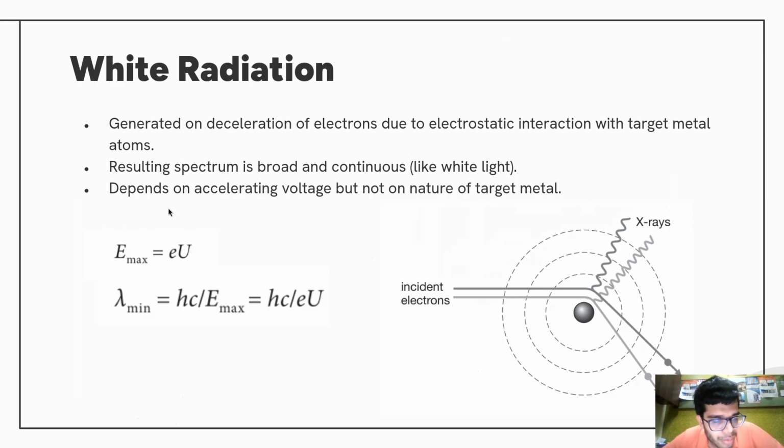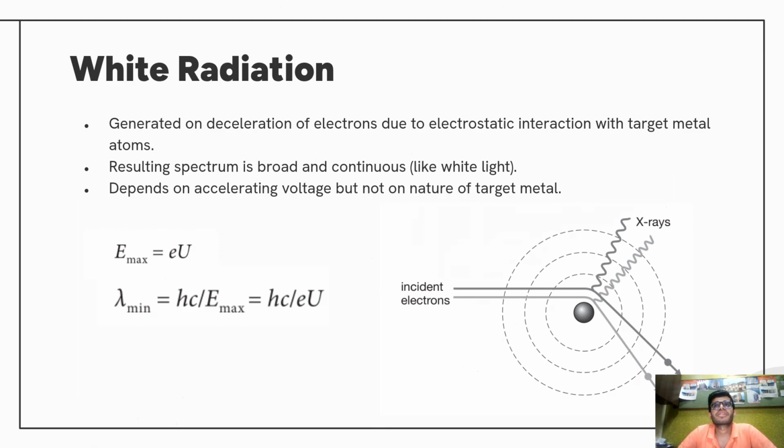The expression for Emax is eU. When electrons are accelerated through a voltage of U, their kinetic energy becomes eU. If by some chance we can reduce the kinetic energy of an electron to 0, the change in kinetic energy would be eU.